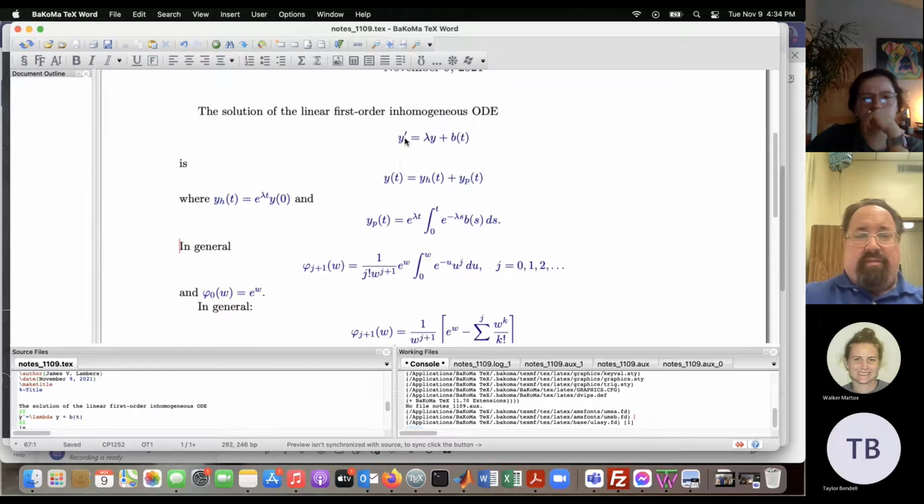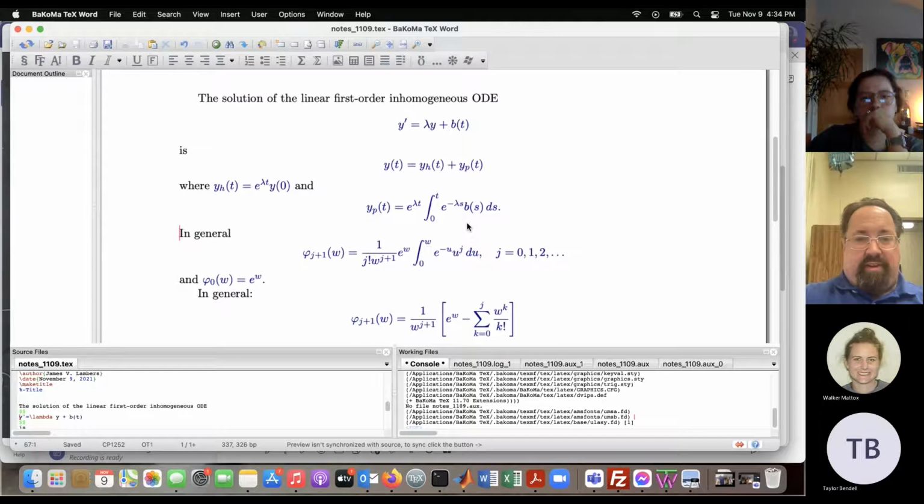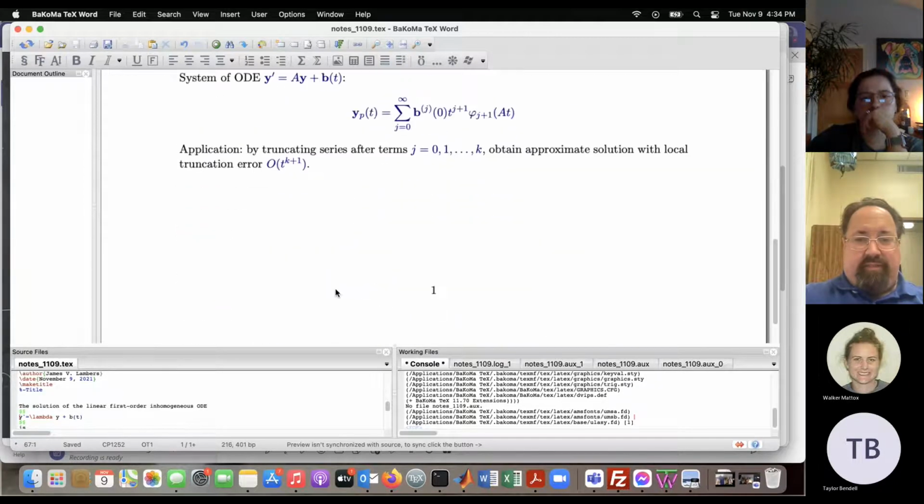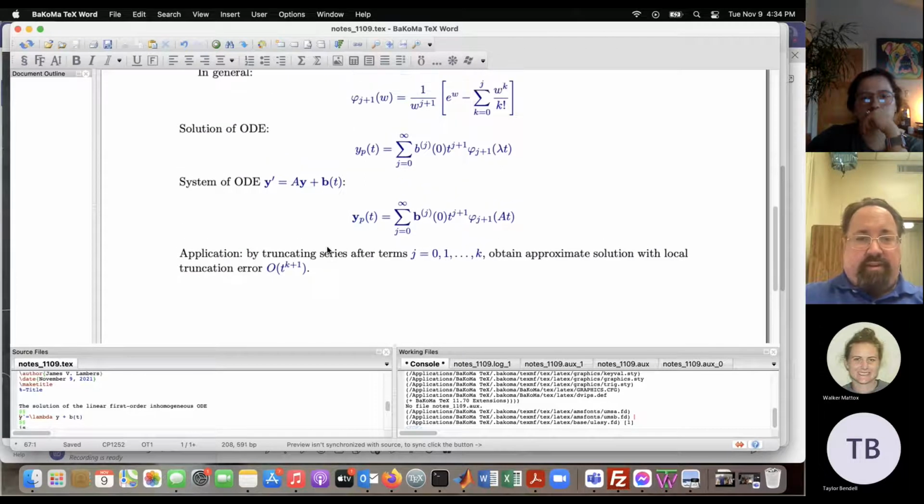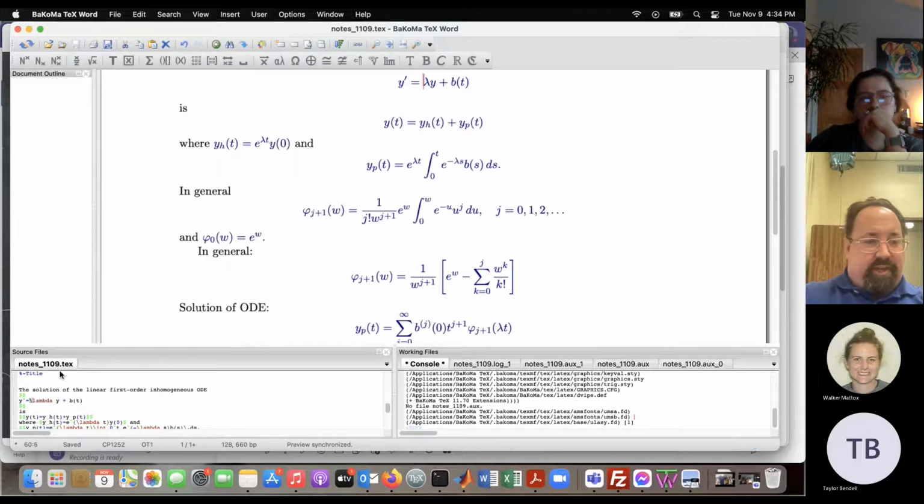Okay, so for this first order ODE, we have our solution in this form, but then this part is Taylor expanded. Okay, so now I get everything in one page. Now I want to have everything as a system of ODEs.